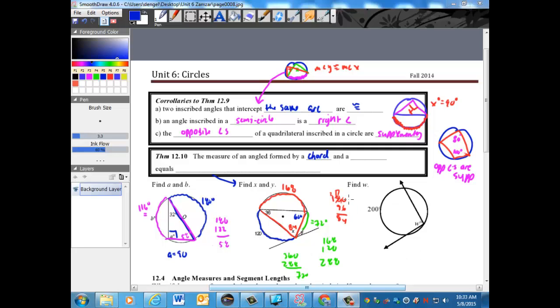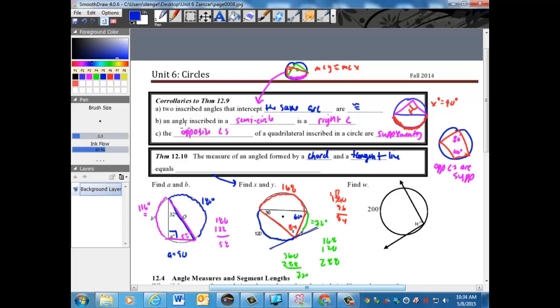and a tangent line. So let's review what we have so far. We're saying that angle Y is not an inscribed angle. Angle Y is formed by a chord. Here's our chord in red. And a tangent line. Here's our tangent line in blue, that's going to come through.